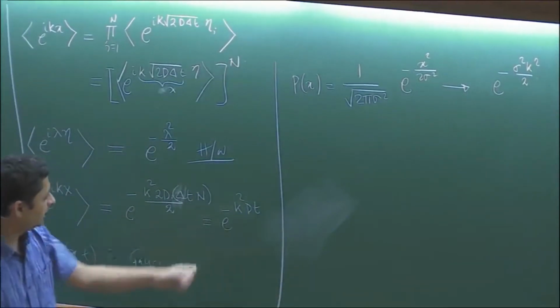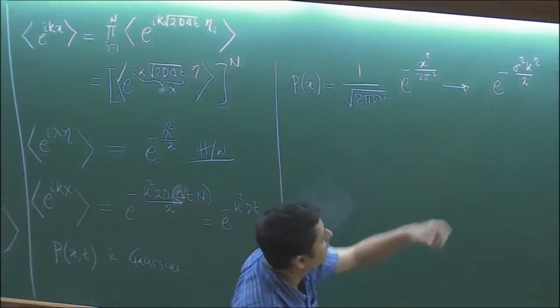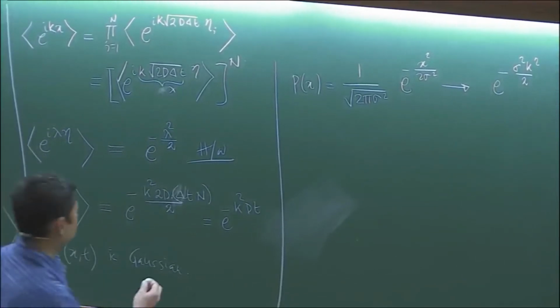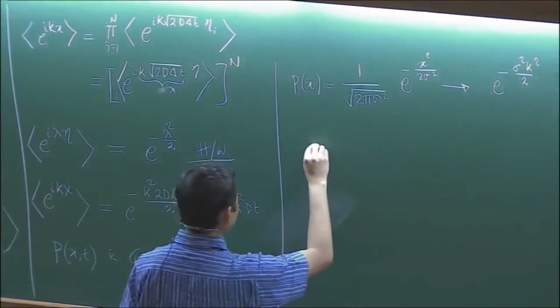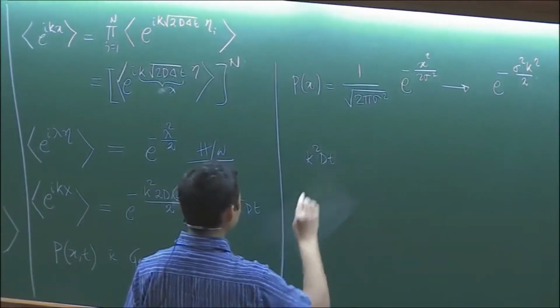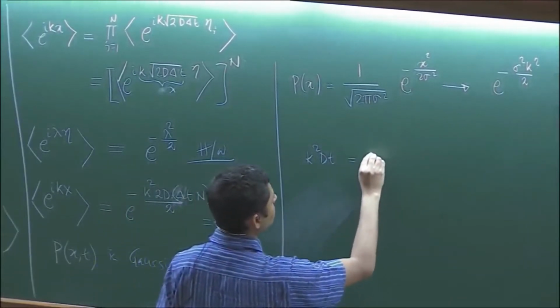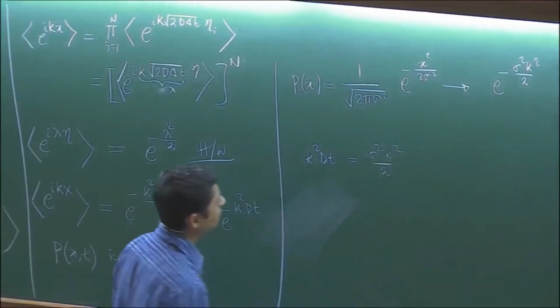So what is the sigma here then? If I want to put it in that form, what is sigma square? For this one, what is the sigma? You have k square dt, right? So you are supposed to write it as sigma square k square by 2.